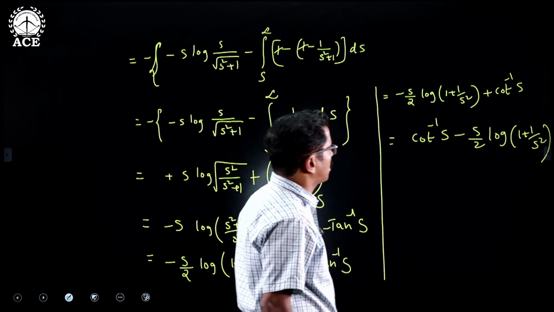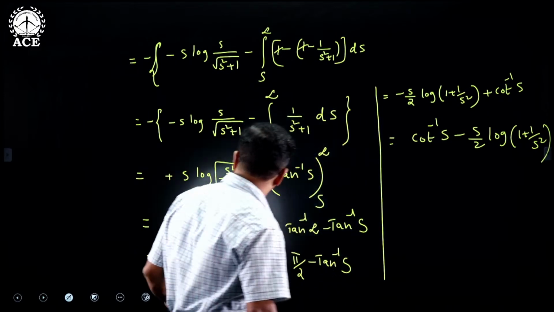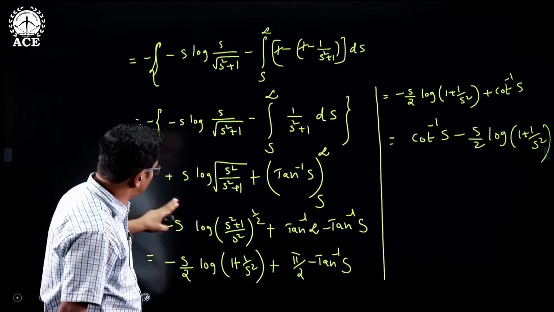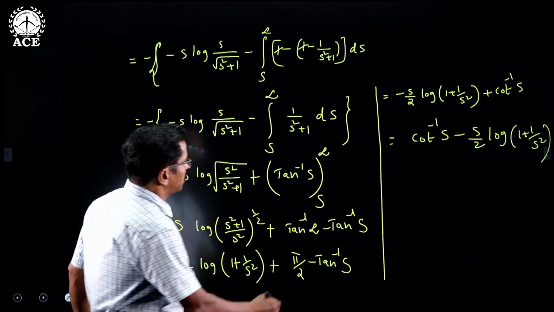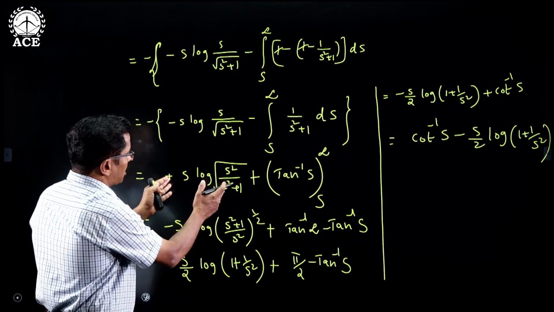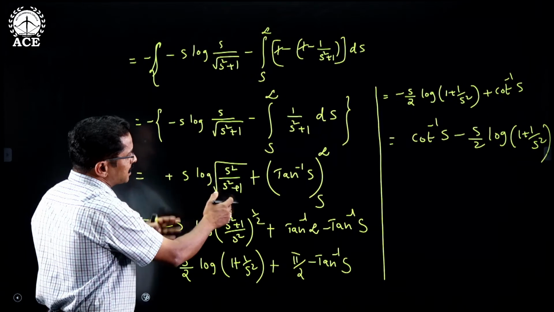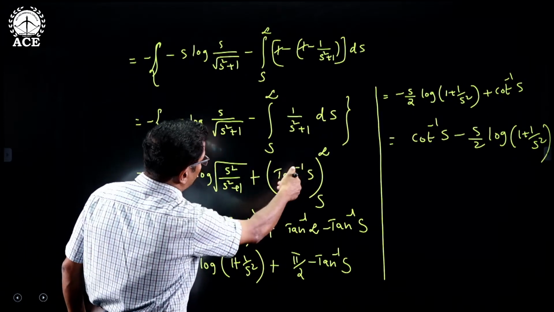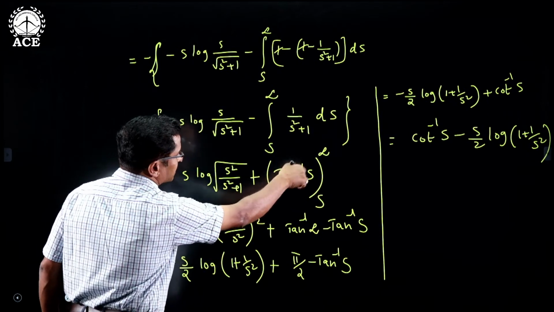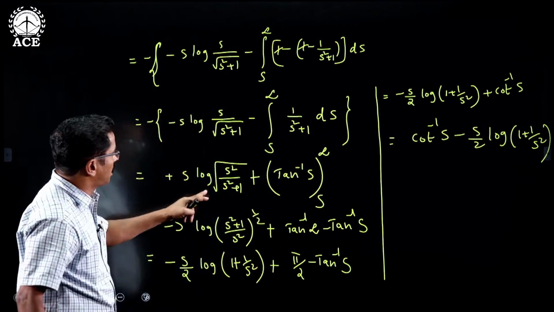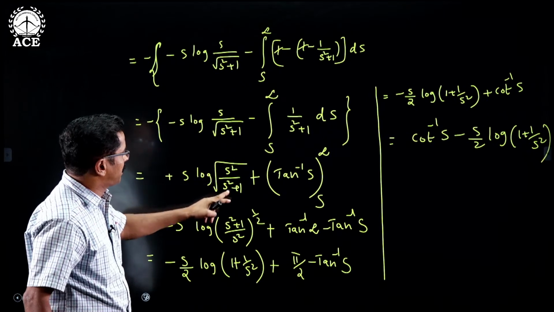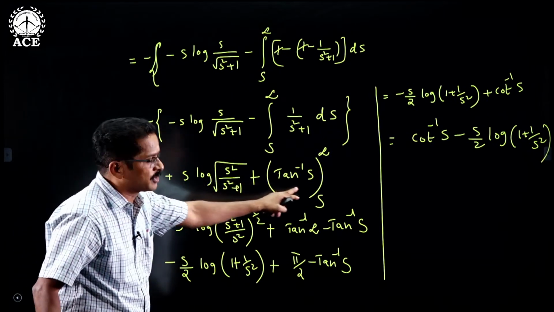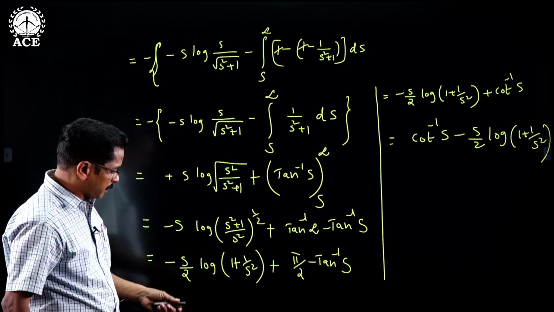Otherwise you can also write it like this and leave it. Like this also you can write s into log of root of s square plus 1 as it is, plus cot inverse s, which we can write as cot inverse s into log of root of s square by s square plus 1, plus cot inverse s.